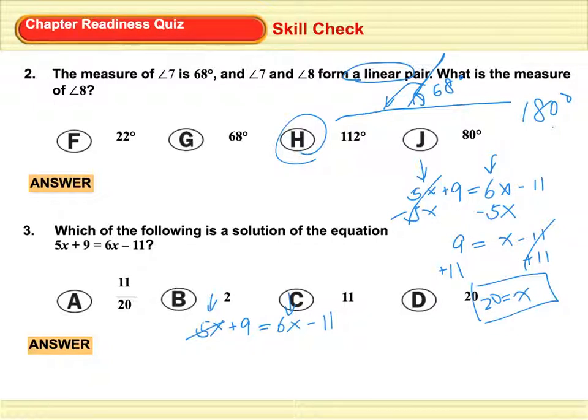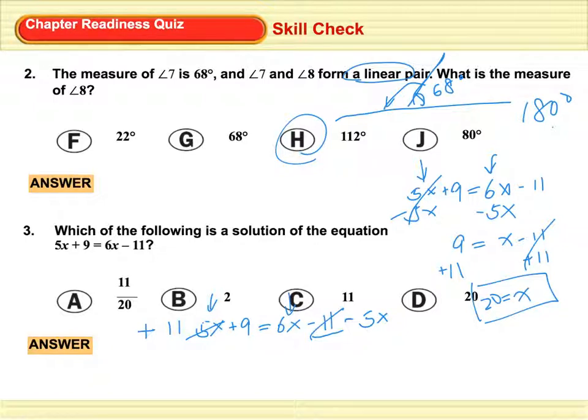But if I get rid of one term on one side, I have to do the opposite operation on the right-hand side, meaning I have to do minus 5x on the right-hand side. See that? That's how I cancel the 5x on the left-hand side. And by the same token, I want to get rid of negative 11 on the right-hand side because I want my x terms together. So I want to cancel that, and all I need to do is add a positive 11 on the other side.